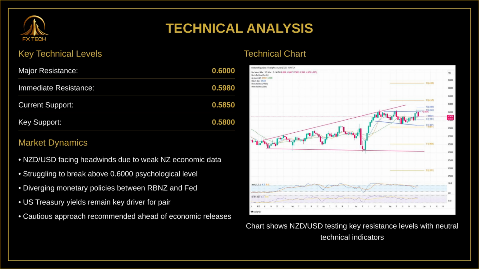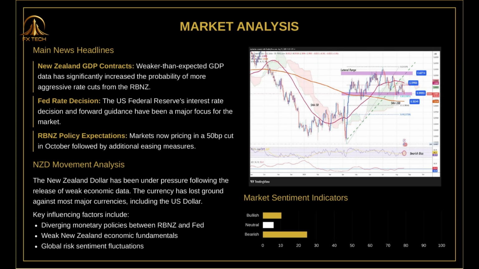Just below this major resistance, we have immediate resistance at 0.5980, which corresponds to recent swing highs. On the downside, the pair is currently testing an important support level at 0.5850. If this level fails to hold, we could see an acceleration toward the next key support at 0.5800. Let's turn our attention to the broader market analysis and key news events affecting the NZD/USD pair.